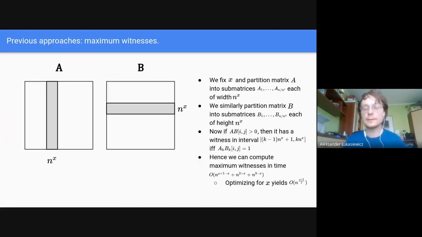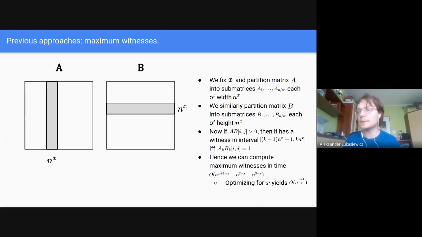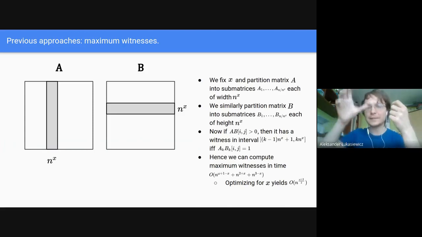So now the algorithm of Chumai, Kowaluk, and Lingas basically runs as follows. We pick some parameter x, and we divide the first matrix into n over n to x matrices, each of width n to the x. And we make a similar partition of the second matrix, but this time it's rotated by 90 degrees.